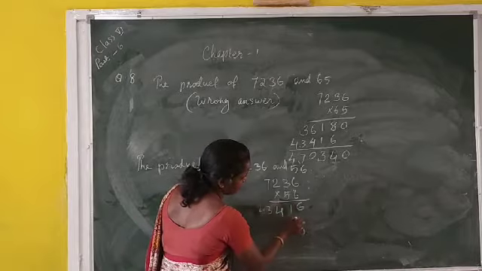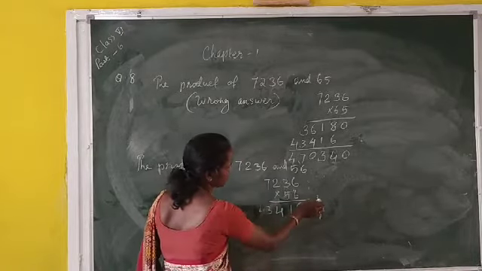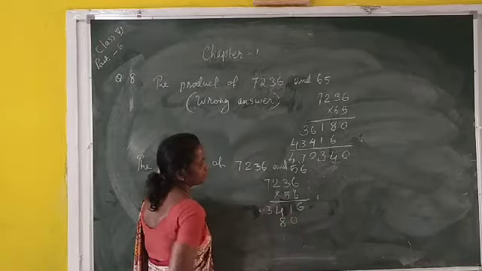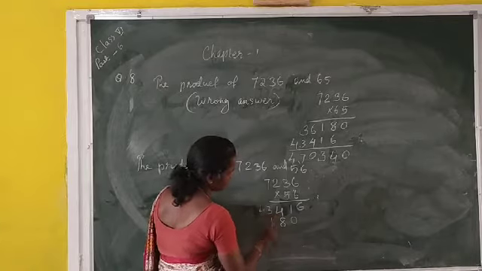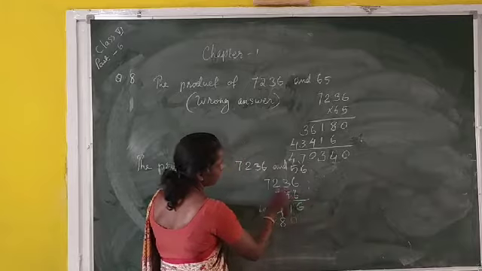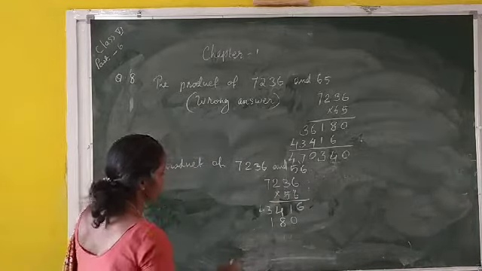Then 5 6s are 30, carry 3, 5 3s are 15, 15 plus 3, 18, carry 1, 5 2s are 10, 10 plus 1, 11, then carry 1, 5 7s are 35, 35 plus 1, 36.